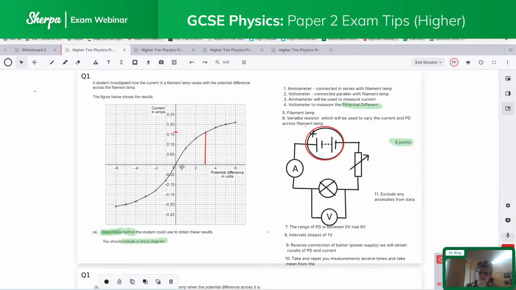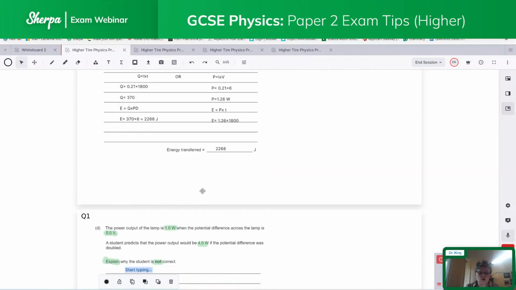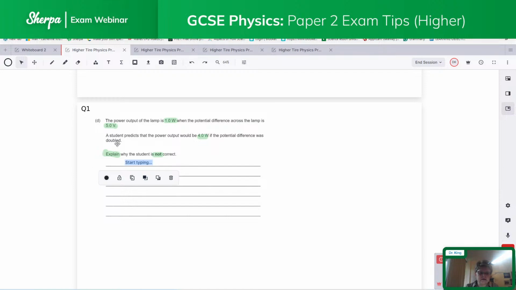So it does not mean that when I double my potential difference, the current will go up at the same rate. That's one thing you can read and testify using your graph.